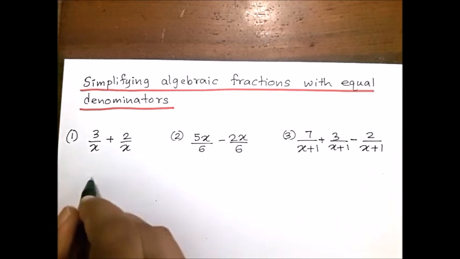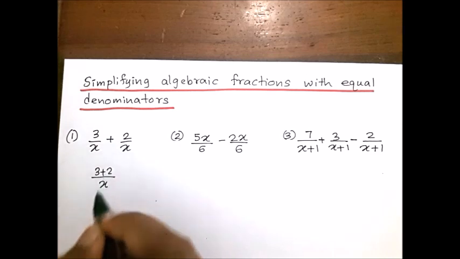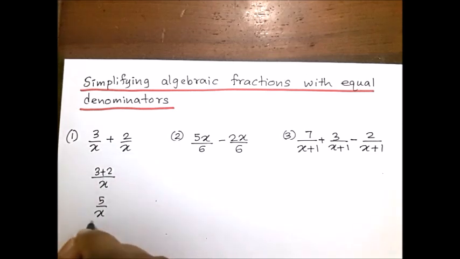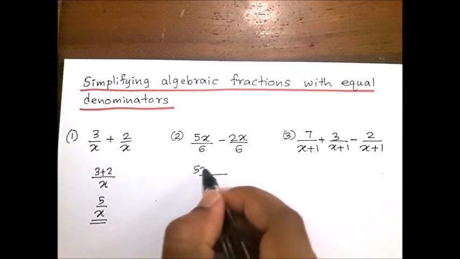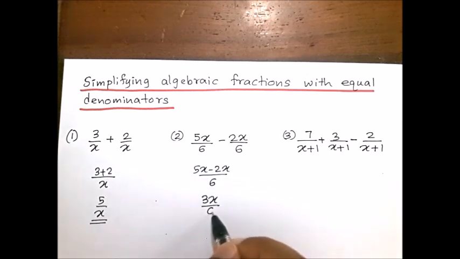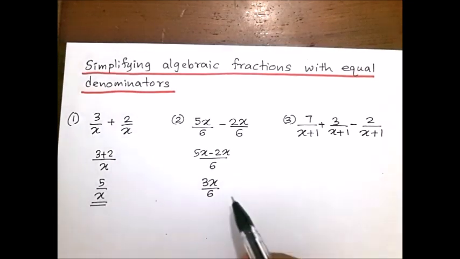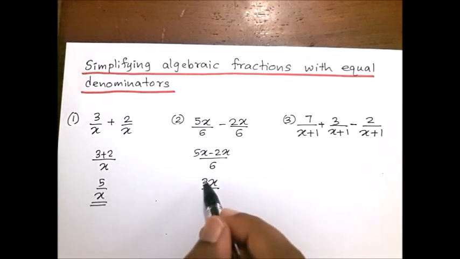So you can take the common denominator x, 3 plus 2, answer is 5 over x. Here the common denominator is 6, 5x minus 2x, it is 3x over 6. You can simplify this more by dividing both numerator and denominator by 3.